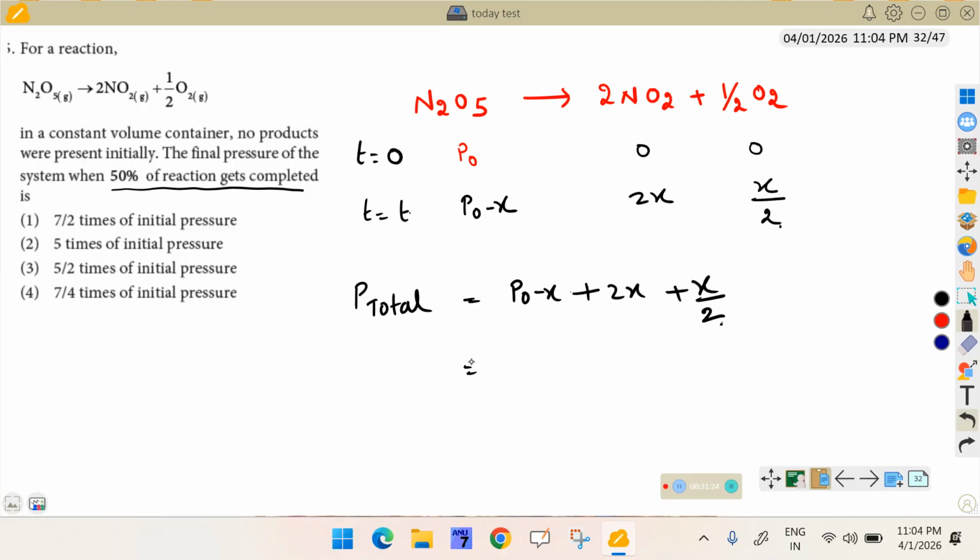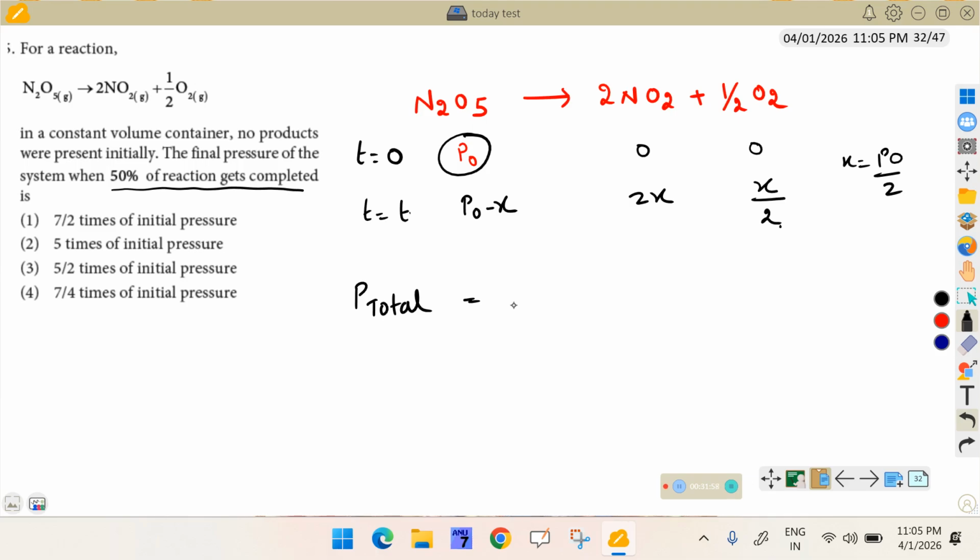That equals P0 minus X by 2 plus 2X. 50% of the reaction is completed, so X value is equal to P0 by 2. Why? Initial is P0, and 50% of P0 is P0 by 2.